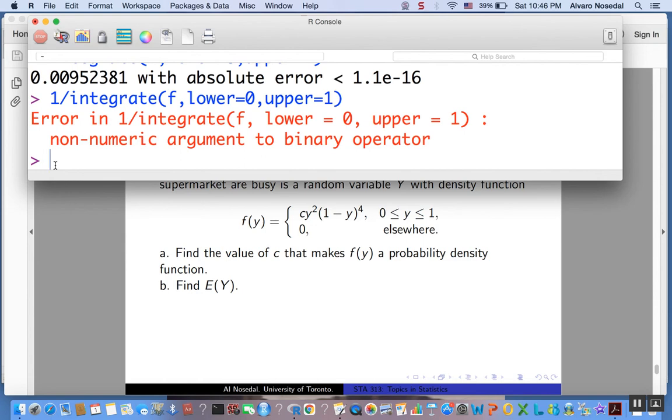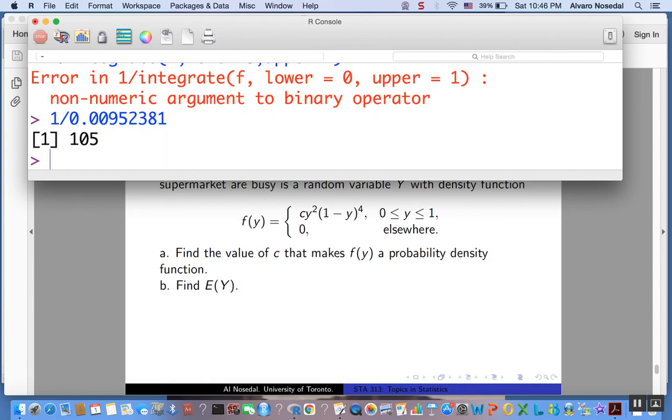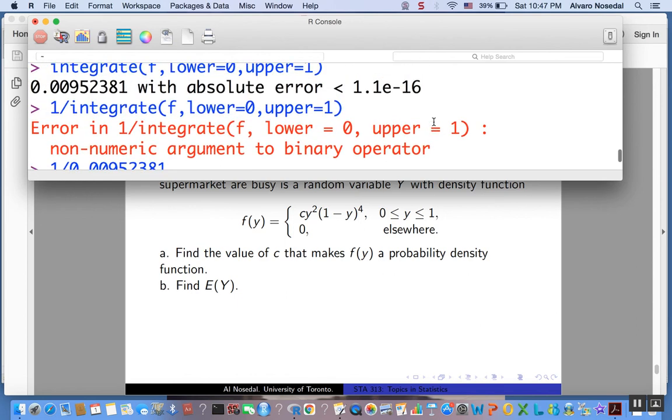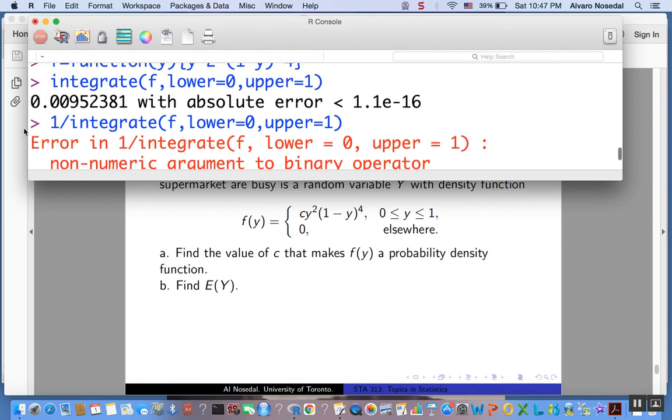Well, let me do it just like that, 1 over what we obtained here. Okay, 105. Make sense? So that would be another way of solving the problem if you have access to R, right?